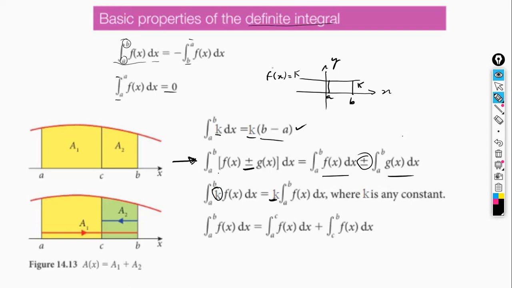And finally, this one is interesting. If you have a point C in an interval between A and B, then you can say that the integral from A to B of f of x is the same as the integral from A to C plus the integral from C to B.